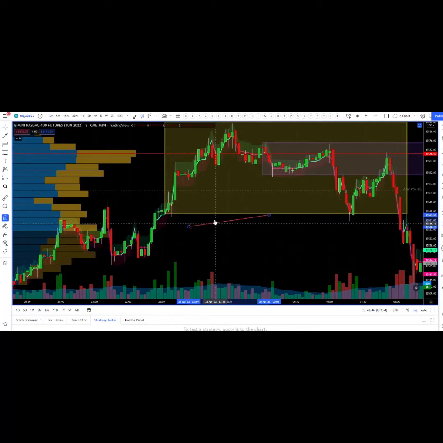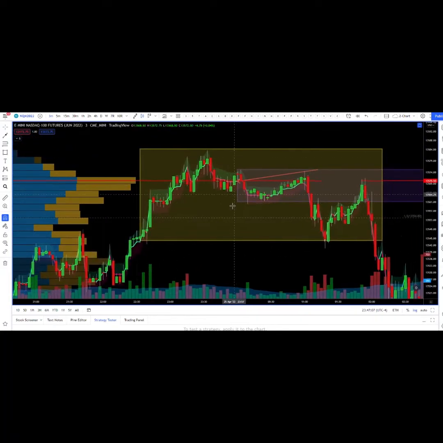The tough part is that this long is quite a bit different than this long, right? The reason is because here the fact that the bulls are in control is quite obvious, whereas here it is more neutral.